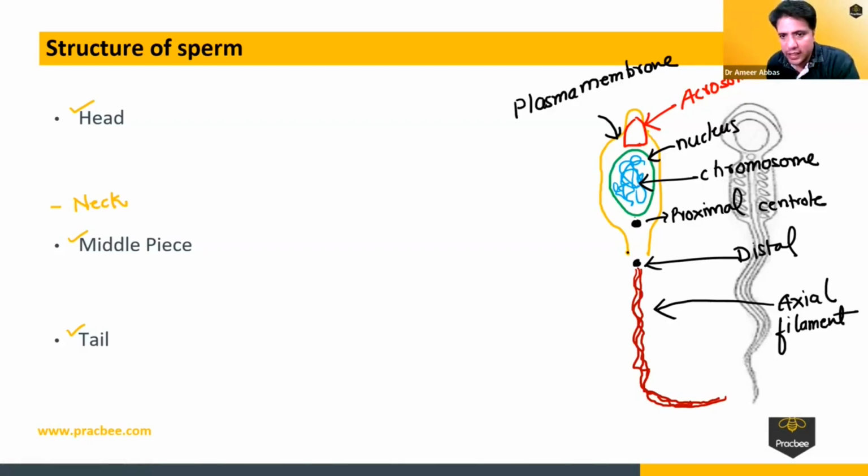As soon as the neck finishes, another structure starts known as the middle piece. The middle piece consists of centriole and axial filament and also ribbon shaped mitochondria.